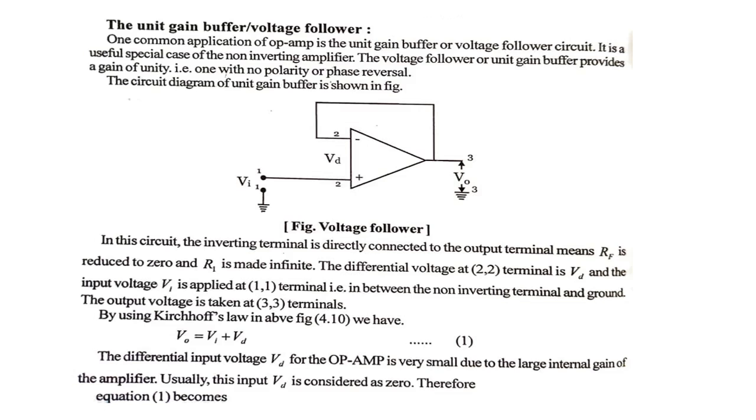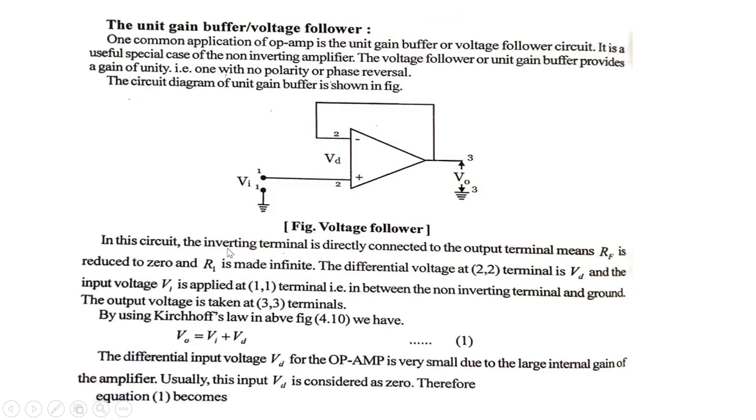It is a useful special case of the non-inverting amplifier. The voltage follower or unit gain buffer provides a gain of unity, that is, one, with no polarity or phase reversal. The circuit diagram of the unit gain buffer is shown in the figure.